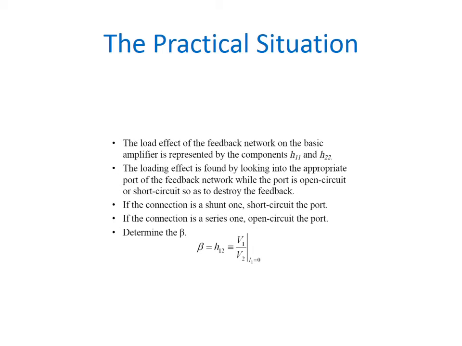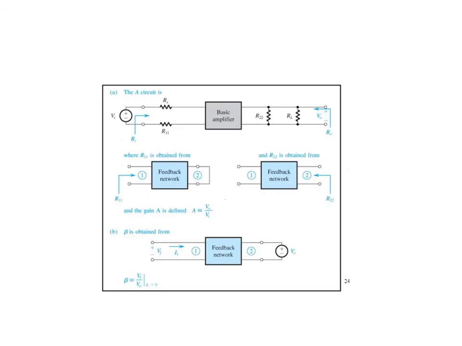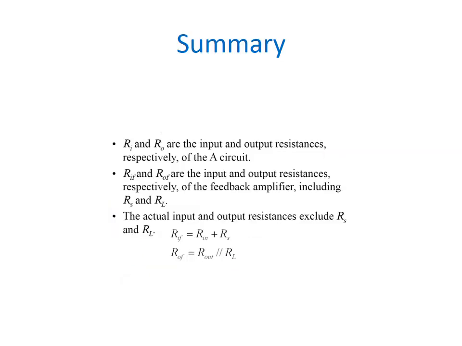So to determine the beta value we use the parameter H12, that is nothing but V1 by V2 by considering I1 as 0. So from the A circuit we can calculate the R11 and R22 values. By using that you can calculate the gain A. Similarly, in the feedback network you can calculate the feedback factor Vf by V0 by considering input current as 0.